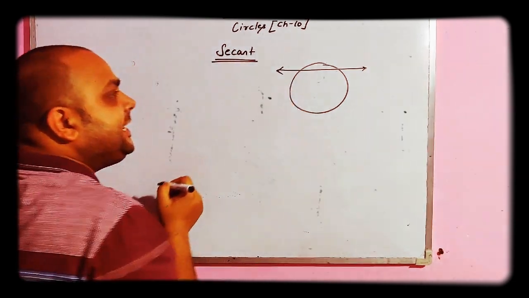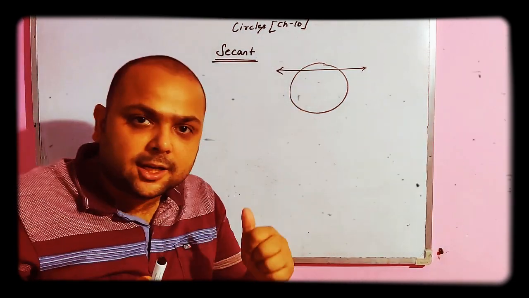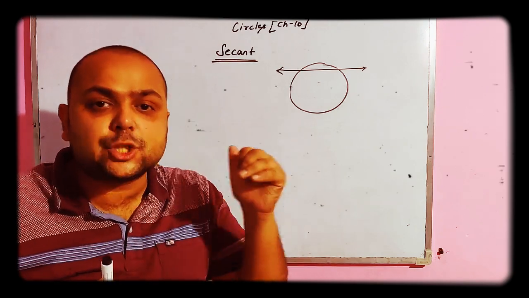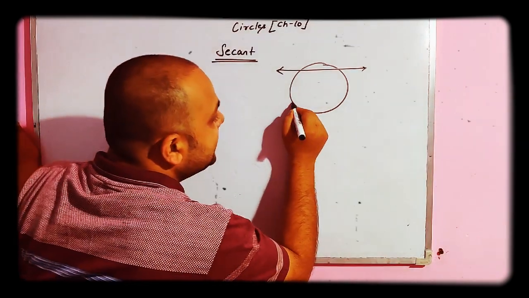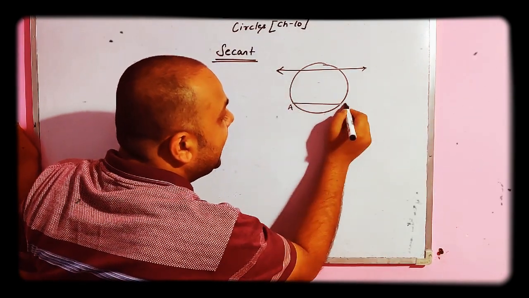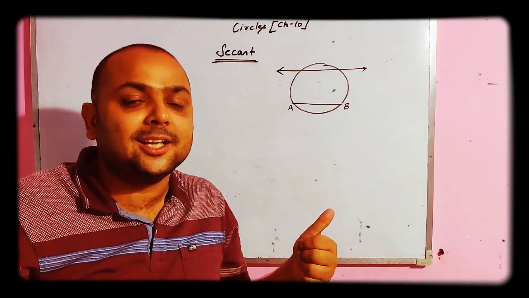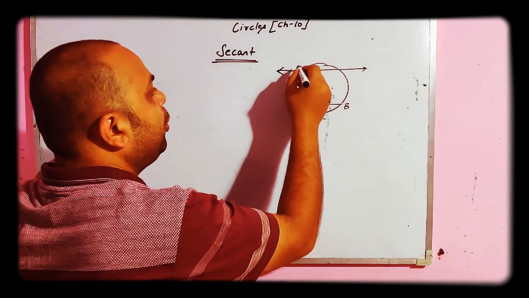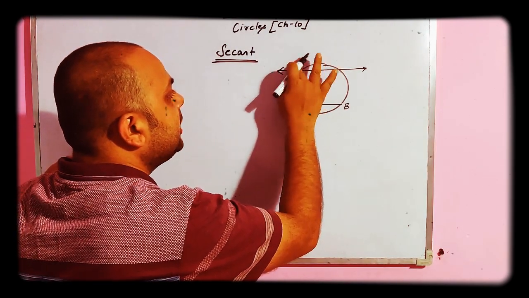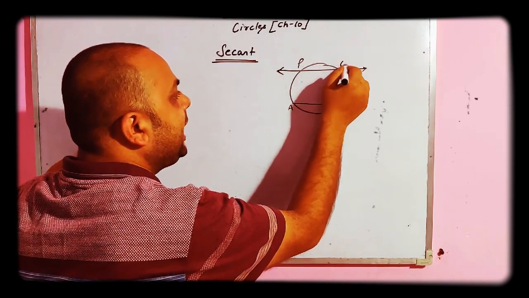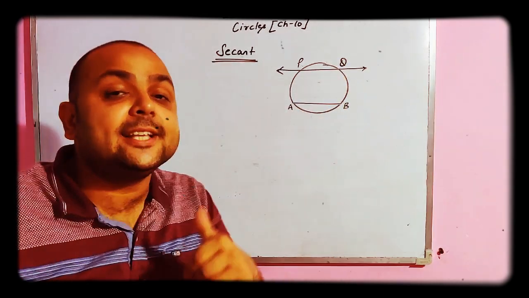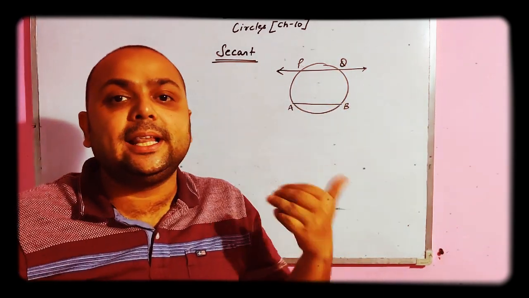A line that intersects the circle at 2 points is called a secant, and this is the chord. A line segment joining any 2 points on the circle is called a chord.